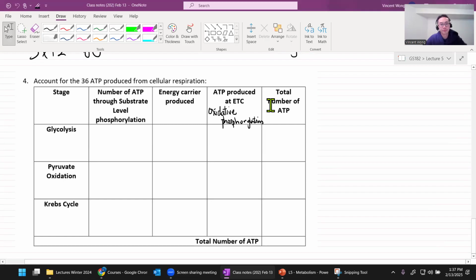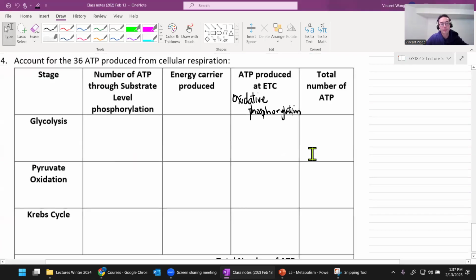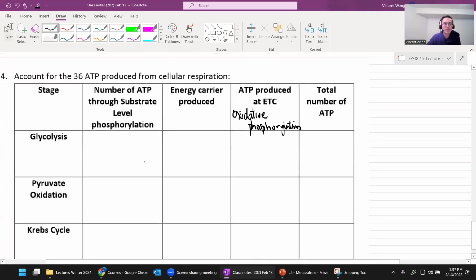So let's start with glycolysis. Look at the summary that we wrote. How many ATPs do we produce directly from glycolysis?